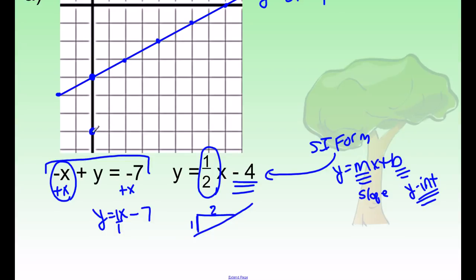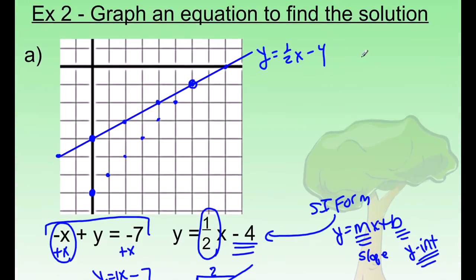So I'm going to go up 1 over 1, up 1 over 1, up 1 over 1. That's where my 2 points intersected. Keep going.